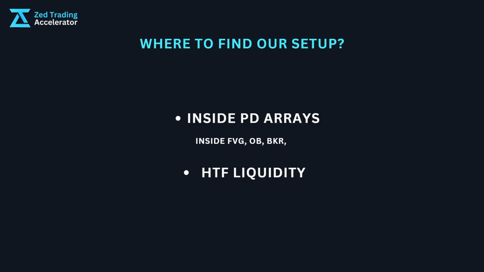So our first element is a higher time frame point of interest and liquidity. Once we reach that area, we should go to the lower time frame and look for our entry setup. Higher time frame liquidity is in the form of a previous daily high, previous weekly high, equal lows, trend line liquidity, or all those. Remember, these are all types of liquidity.